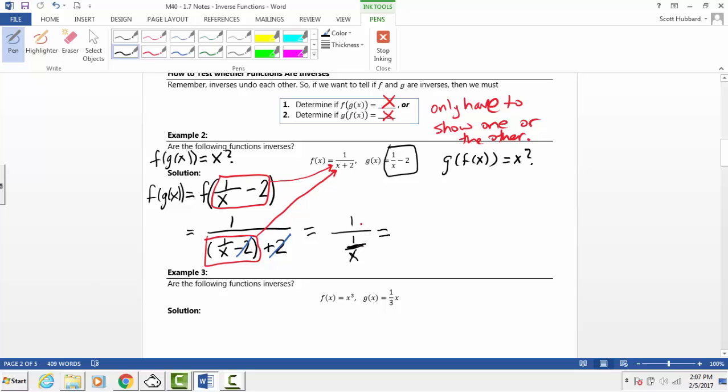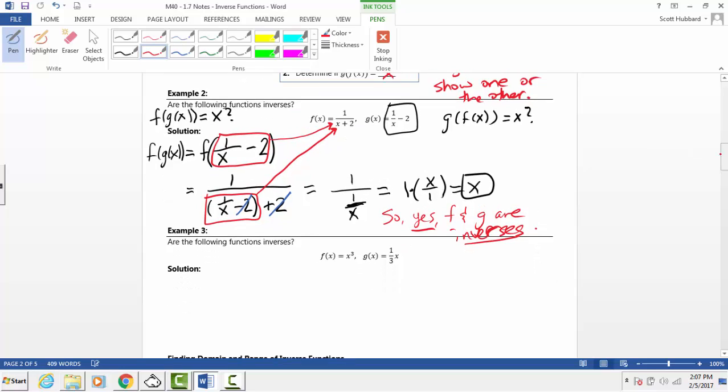If I have a fraction with a fraction, this comes up and becomes a reciprocal, so we get 1 times x over 1. Little times symbol there, and that's equal to x. So yes, f and g are inverses. Sorry, my handwriting is not good. Okay?